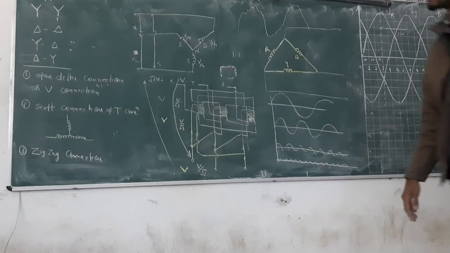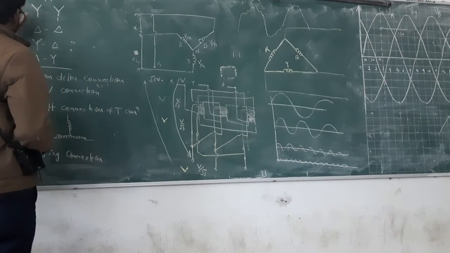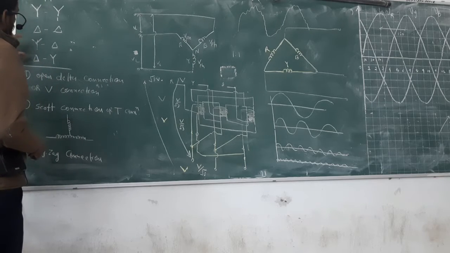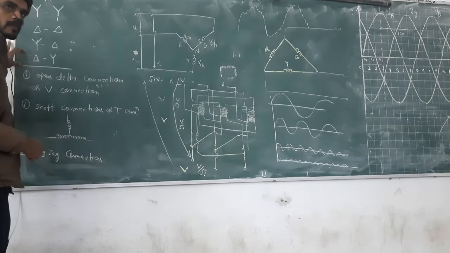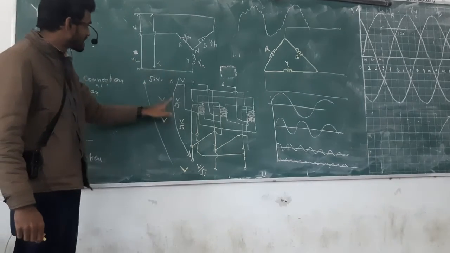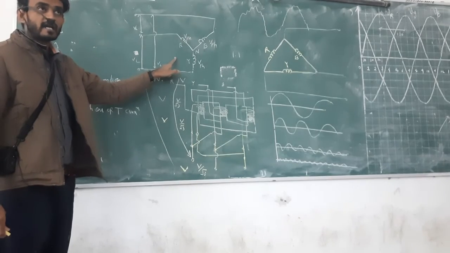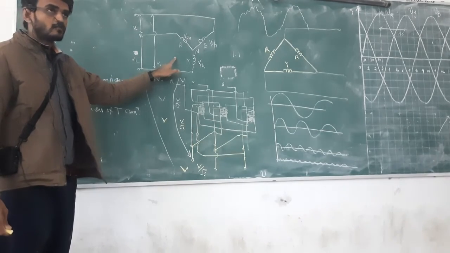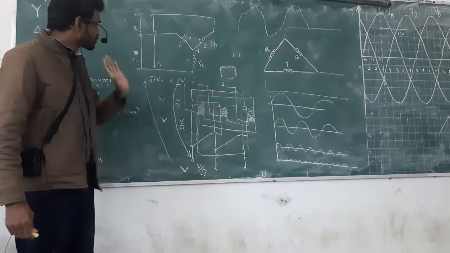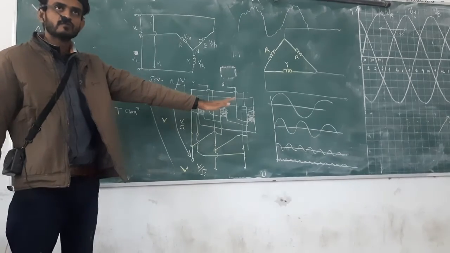So whenever they ask you to explain the three-phase transformer different connections, you need to draw these connections immediately with the diagram. Immediately below the diagram, you need to draw the phasor diagram. Or you can draw just star and delta winding in detail, draw the star phasor diagram, and draw the delta phasor diagram below that.